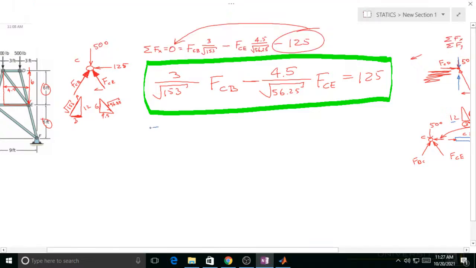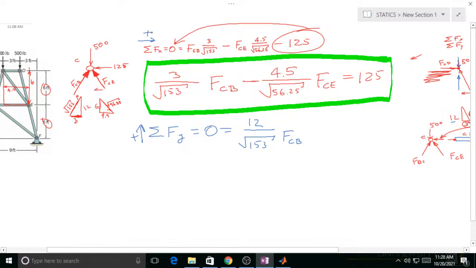Now I have to sum the forces in the y. It also equals 0. I've got this one going up, so I've got 12 over square root of 153 FCB going up, positive. I should have done this.